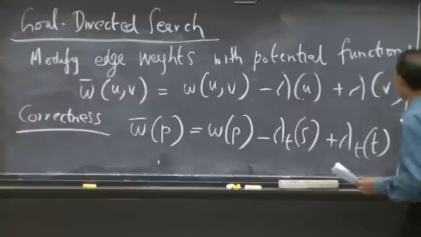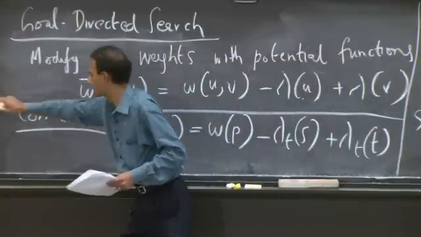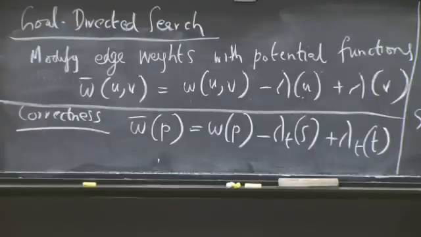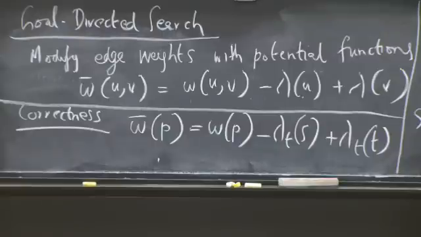So the only way that we can use the potential method is by ensuring that all of the shortest paths between any pair of vertices, we're only concerned about single source, single target here, but in general, it's a good thing to not change any of the shortest paths. So what used to be a shortest path should stay the shortest path.